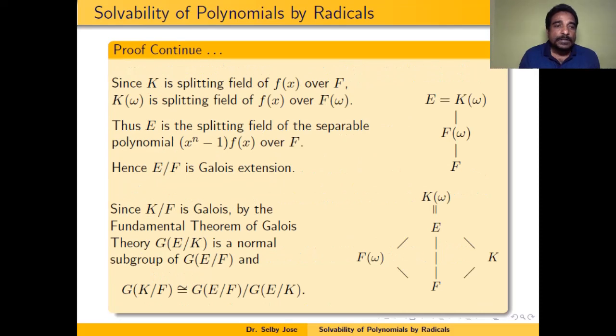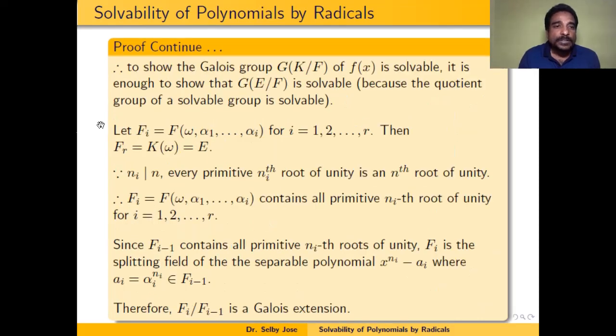Because n_i divides n, every primitive n_i-th root of unity is an nth root of unity. So therefore F_i contains all primitive nth roots of unity for each i equal to 1 to r.